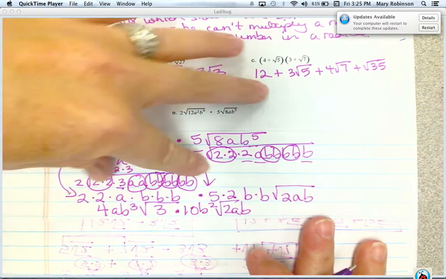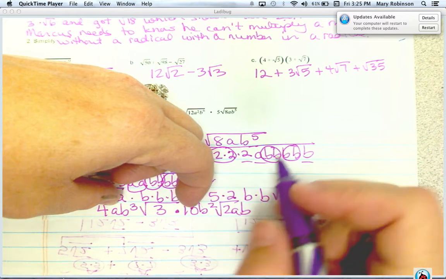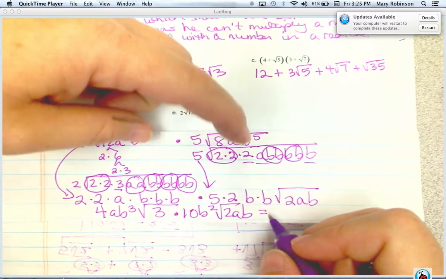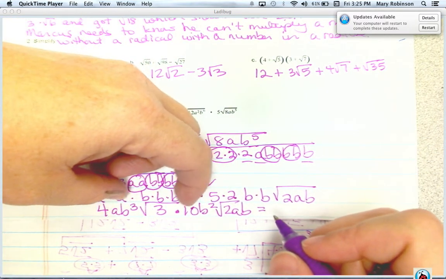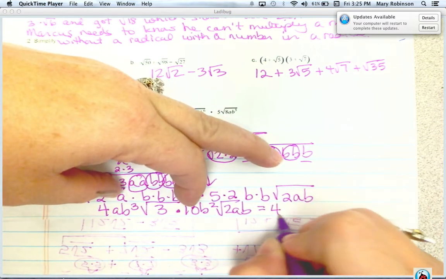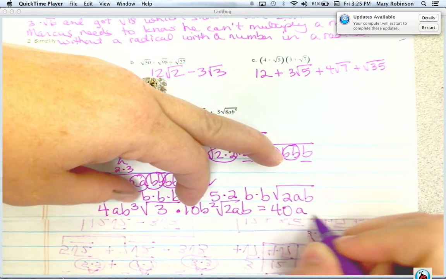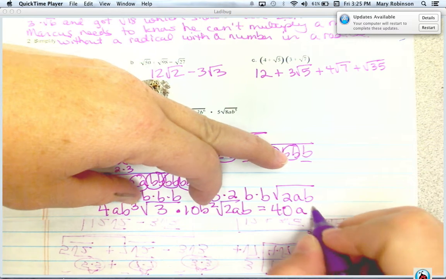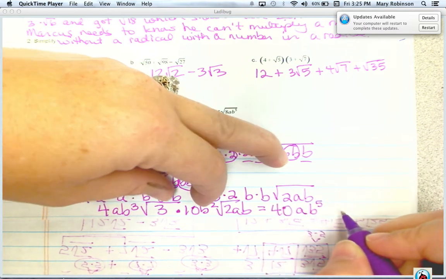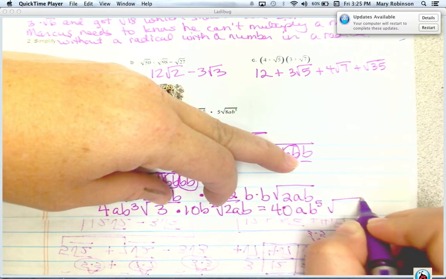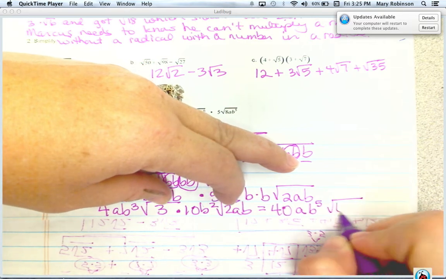Now I should be able to multiply still what's on the outside. Now you may have gone ahead and multiplied first and then simplified. Either way, you'll get the same answer. 4 times 10 is 40. A, B cubed times B squared is B to the 5th power. And then the square root of 3 times 2 is 6.